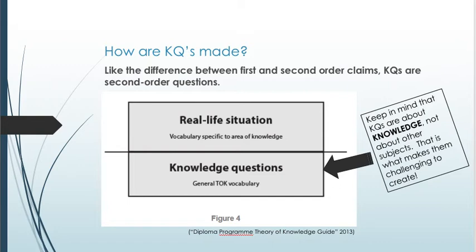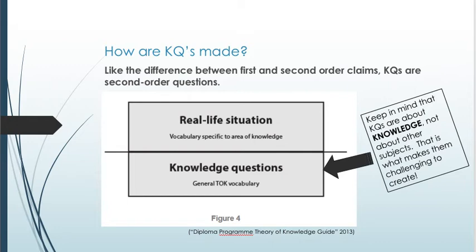And what we want to be able to do is go back and look at those situations and think about what assumptions about knowledge are made within those situations. So we want to go from vocabulary specific to that area of knowledge within that particular situation, and we want to tease out or extract a question about knowledge in general.